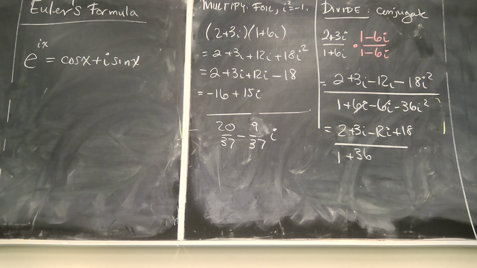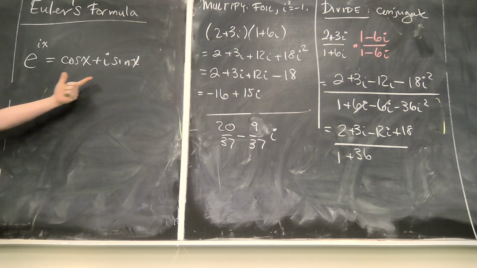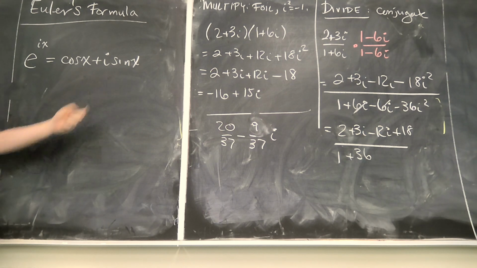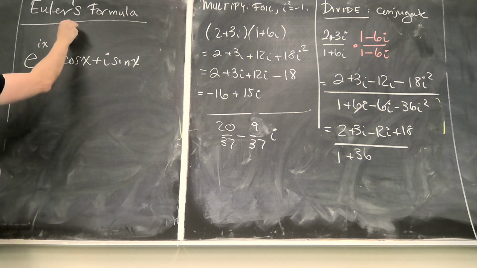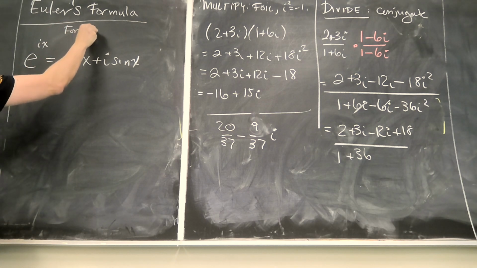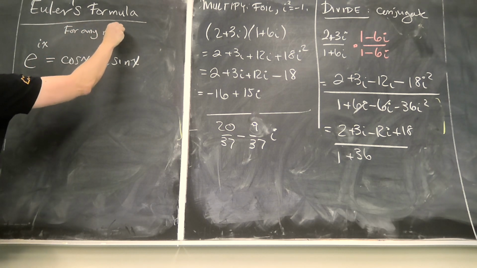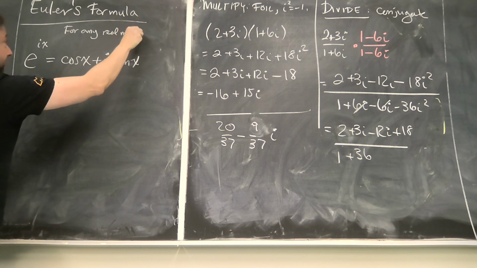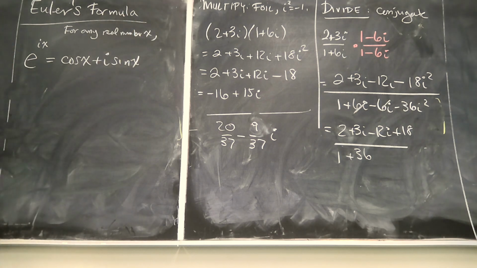So this is a one number wrap up of these 2 functions. So for any real number x, e to the ix is equal to cosine of x plus i times the sine of x.